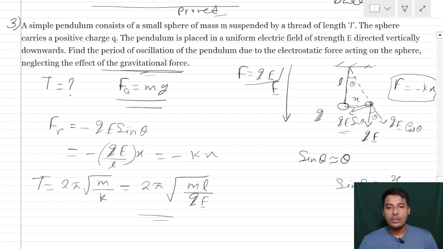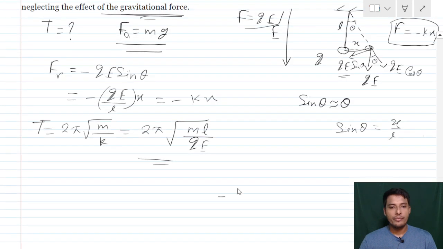How can we calculate it in another method? If I write it here, we can write mass into acceleration equal to, there is only one force, that is minus qe sine theta.